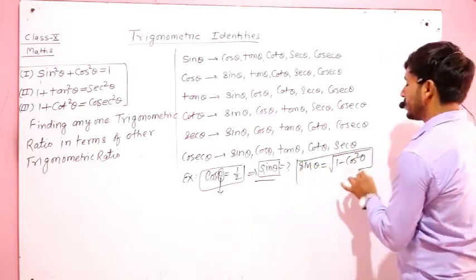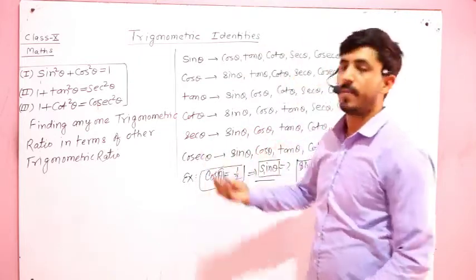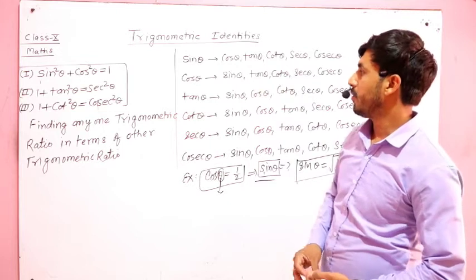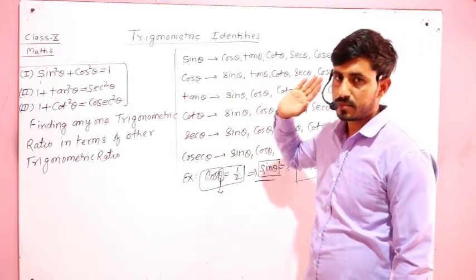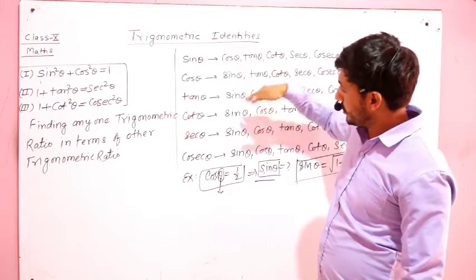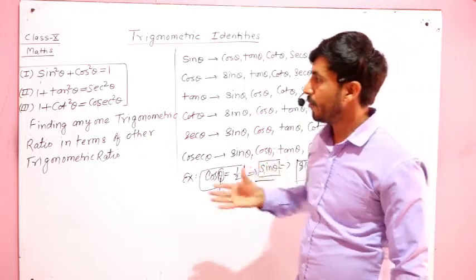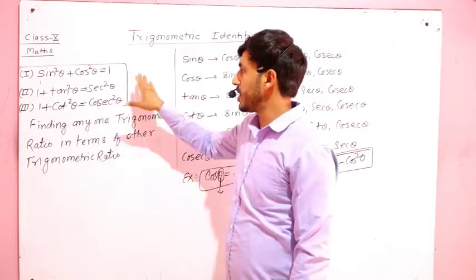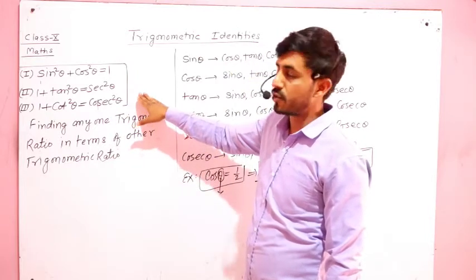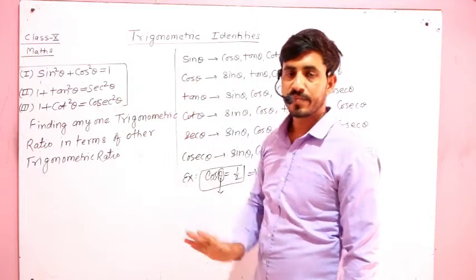That is the relation we need in this type of question. All these relations we have obtained from these identities, and you have to remember these three identities.